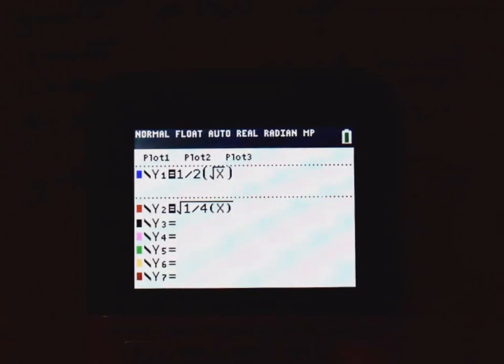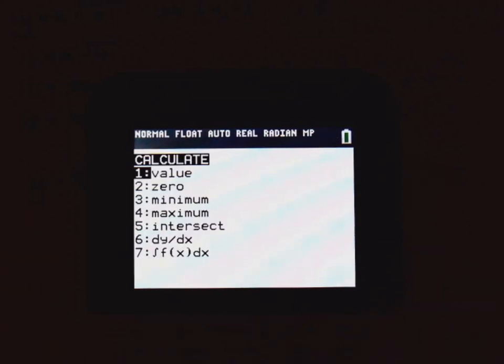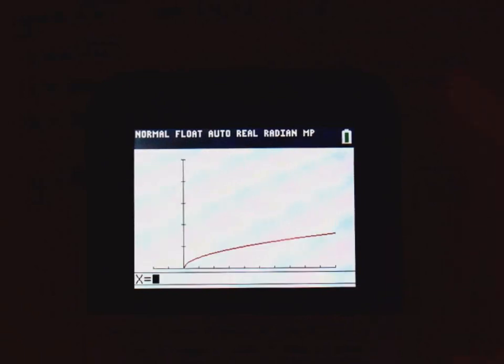If I go ahead and hit graph, there's my first graph, that's the 1/2 graph, and the red graph following it is the 1/4. They result in the same graph. If you don't trust that this is the same graph that's on your page, when x is 1, what's the y value?